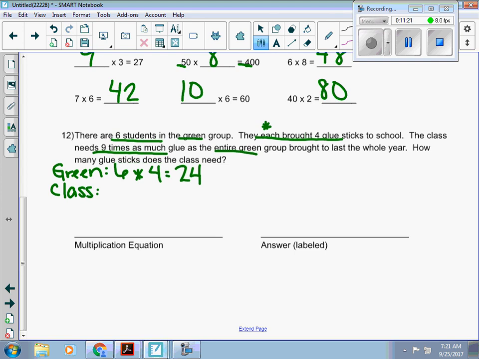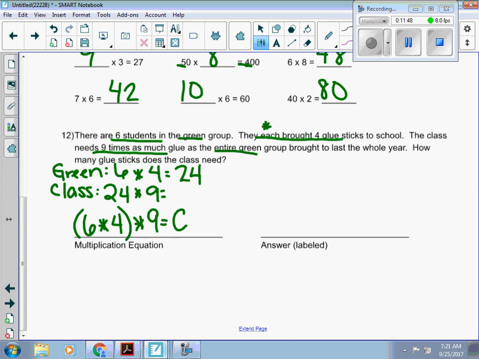Then the class needs 9 times as much glue as that. So then I need to take that times 9 to get my whole class. Okay? So I'm going to put this as my equation now. My first thing I did was 6 times 4, and then I did that times 9 to equal, I'm going to say C for my whole class.